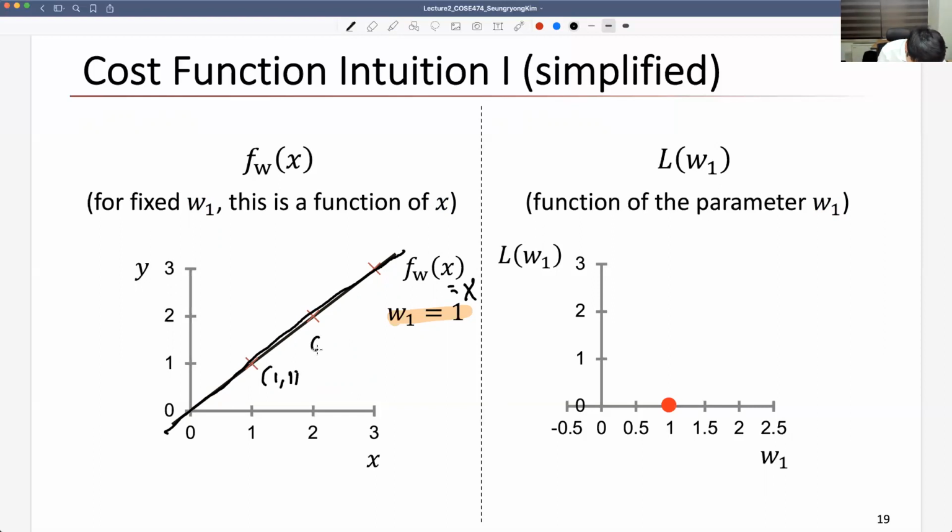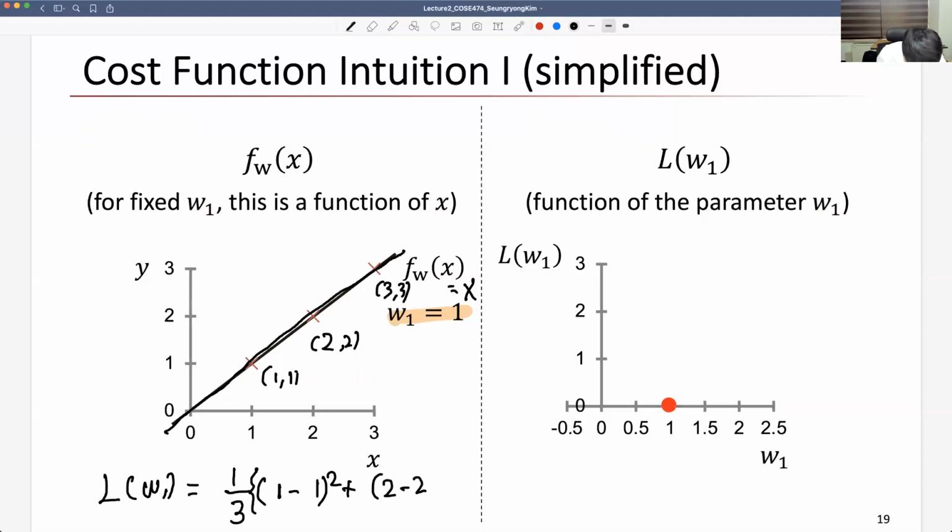We can define the loss function as 1/3 times (1 minus 1) squared plus (2 minus 2) squared plus (3 minus 3) squared. So it's going to be 0, right? The error at W1 equal to 1 is 0, so we can represent the cost value here on the cost curve.